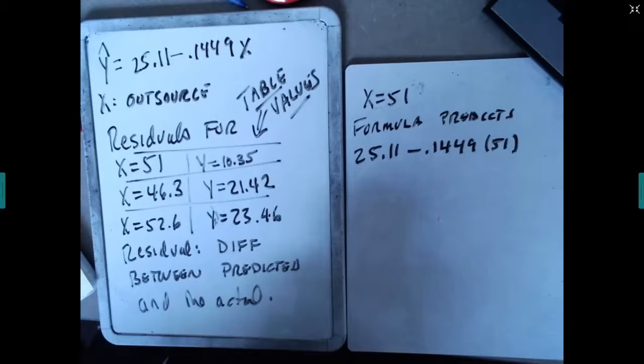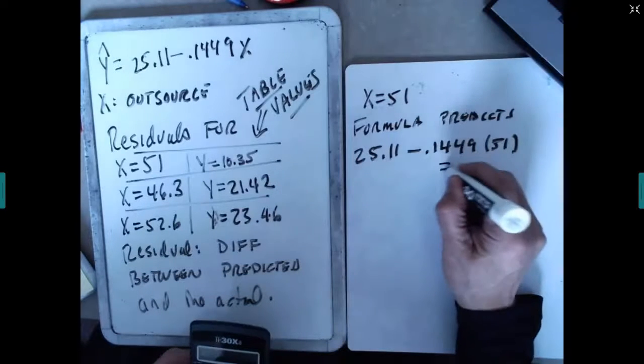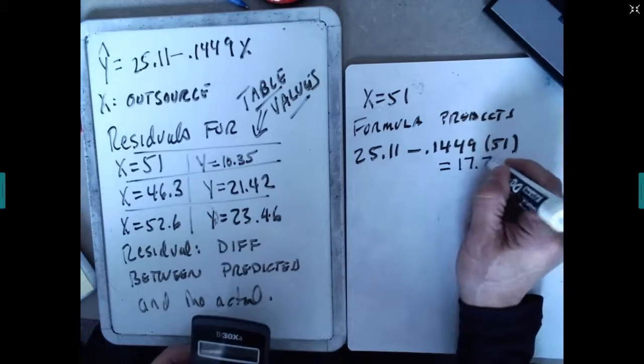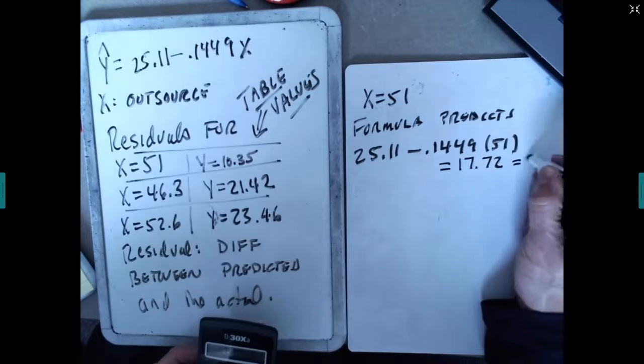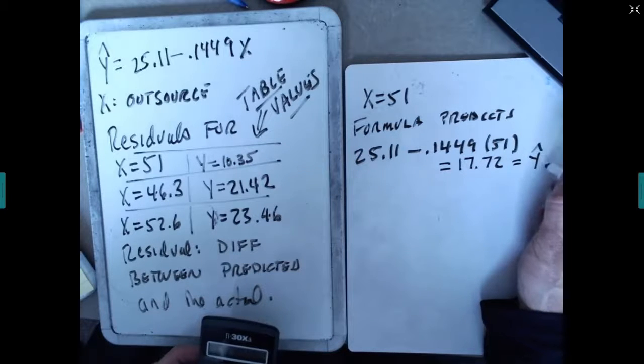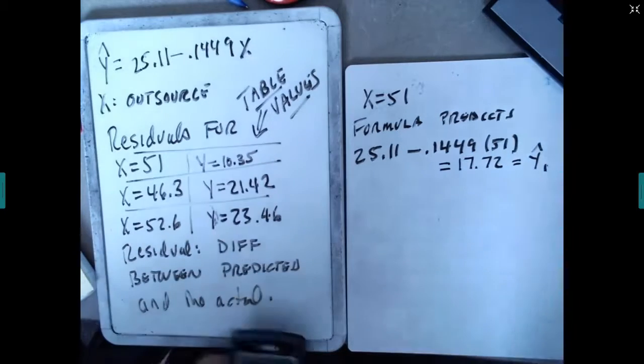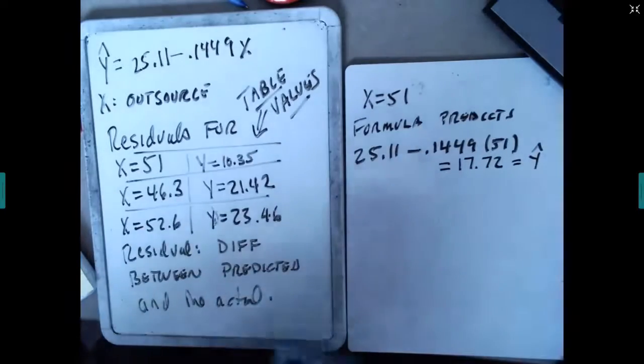So that's 17.72, and this is going to be your yi hat. In this case, this is y1 hat. That's your predicted value.